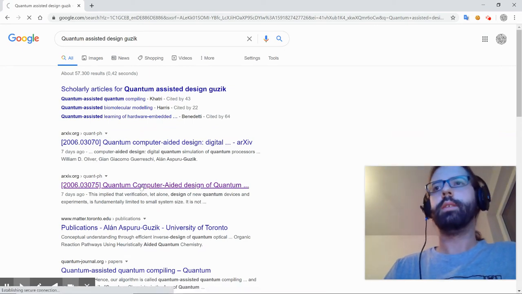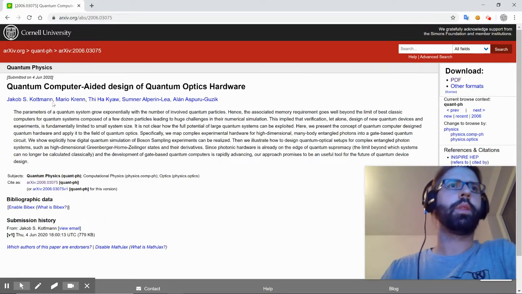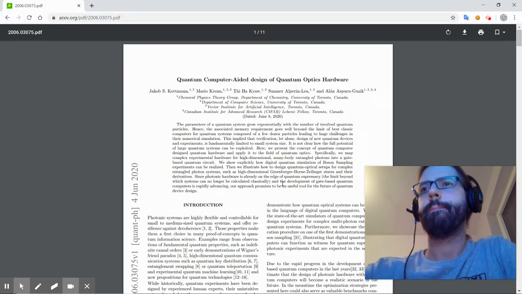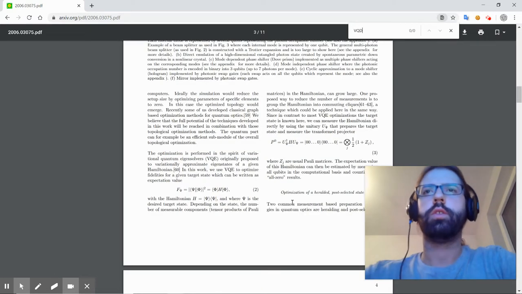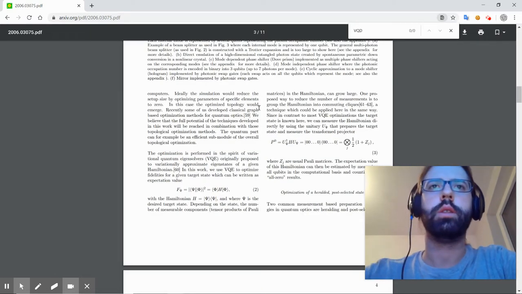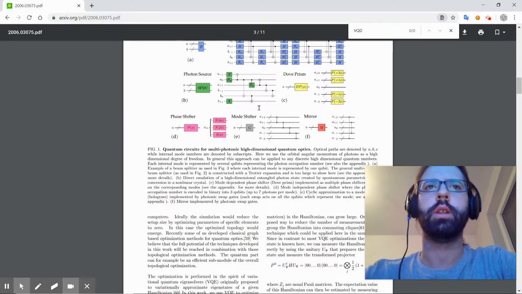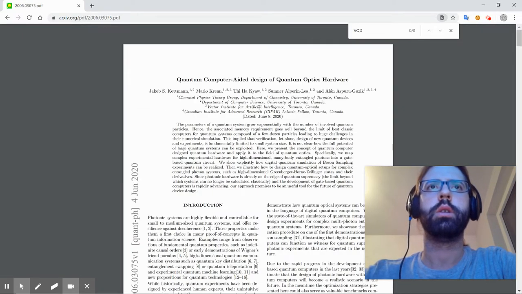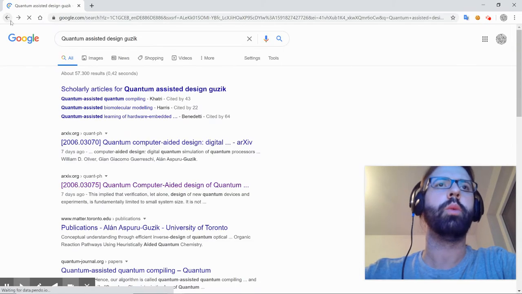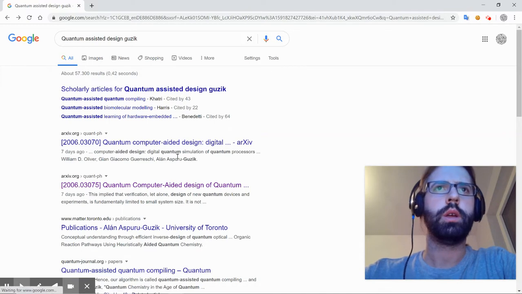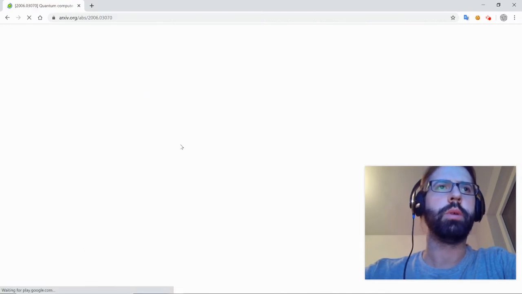Yeah, quantum aided design. That's the paper. So if I search for VQD, there's nothing in here. Oh, wait a second. That's not the paper. That's the one for the optics hardware. I want the one for it's probably this one.